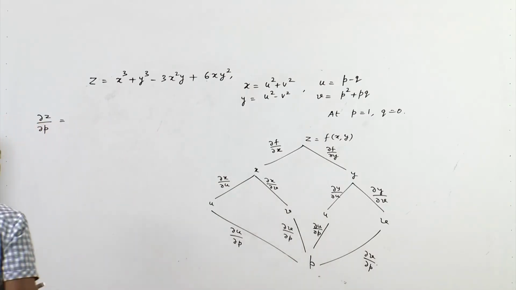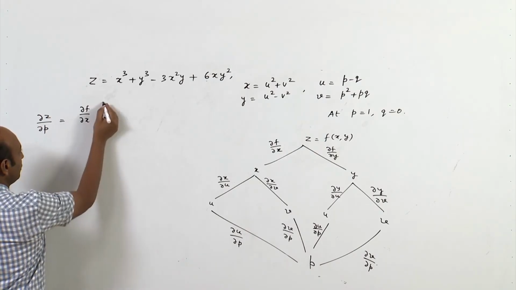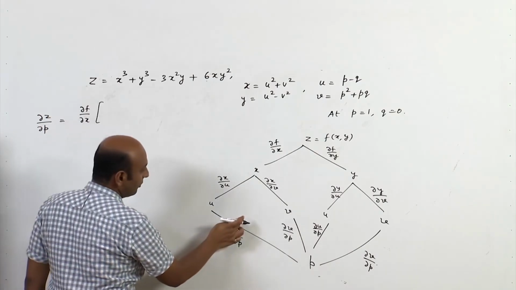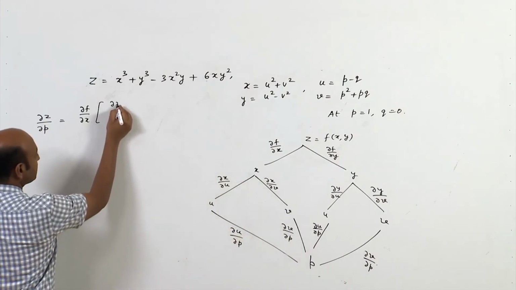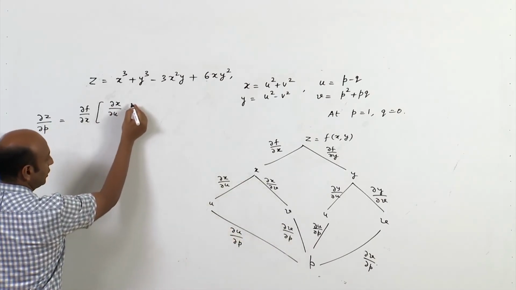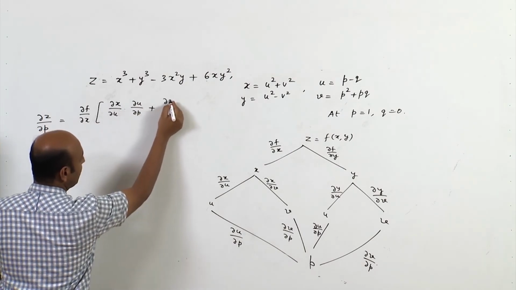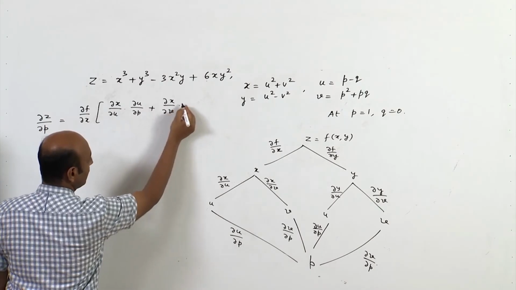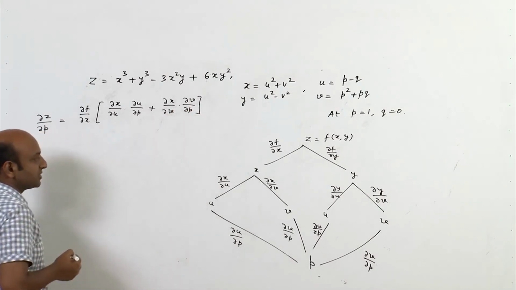So, what will be del z by del p? It will be del f by del x into whatever we are obtaining from here, that is del x by del u into del u by del p plus del x by del v into del v by del p, this is the first branch.